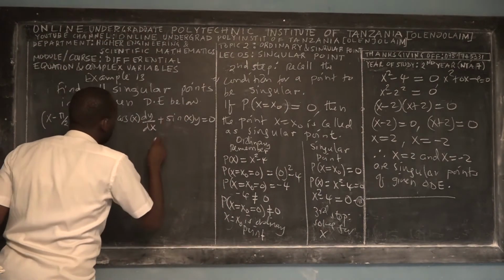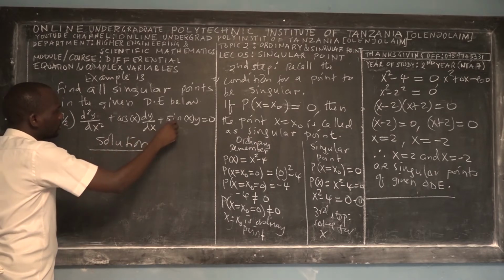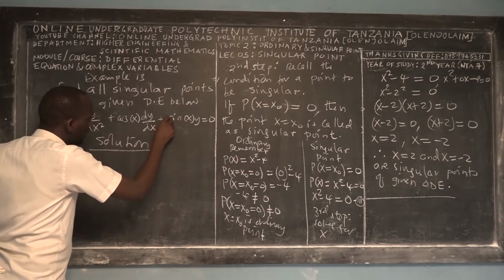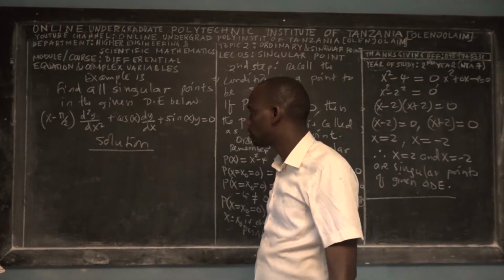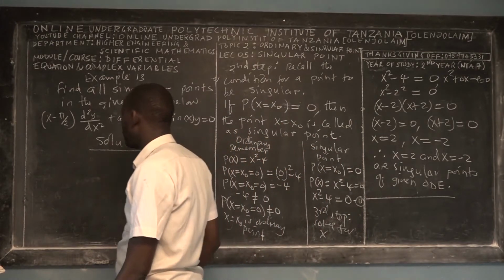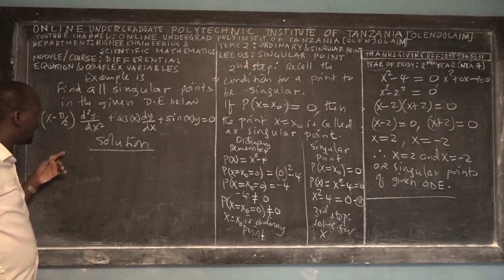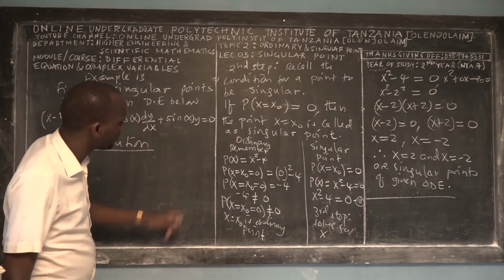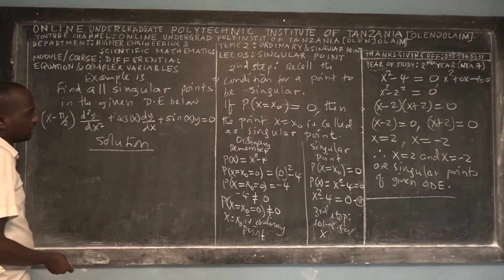So, solution. The way these questions look, it may seem like a complicated differential equation. Why? Because you see that the coefficient of the differential, the differential coefficient, here it is a polynomial function, and this is a trigonometric function.